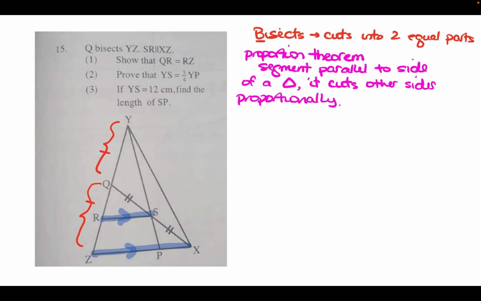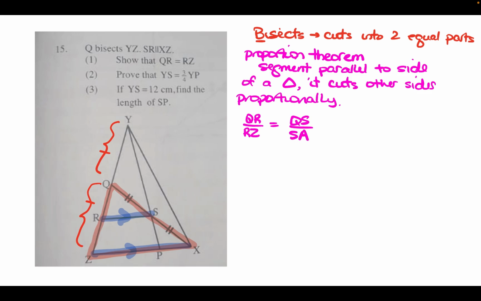So without even looking at what this problem is asking for, we can get our heads around this a little bit more. If I consider the triangle QZX, we know for sure that QR is to RZ as QS is to SX.